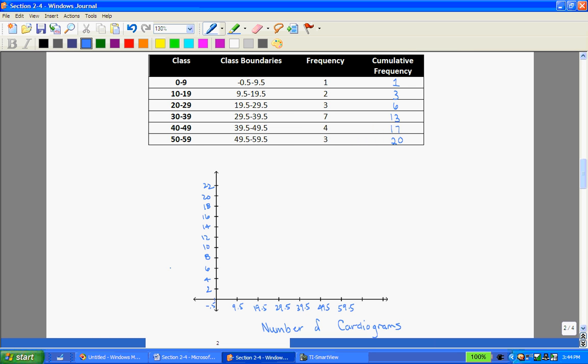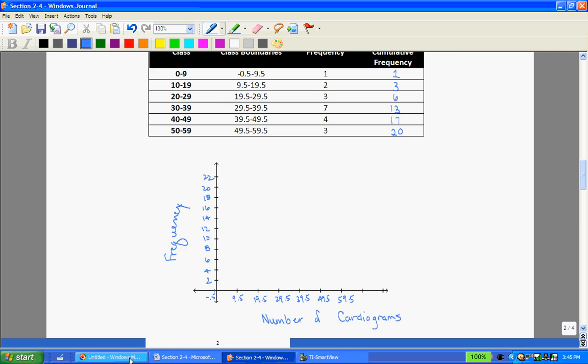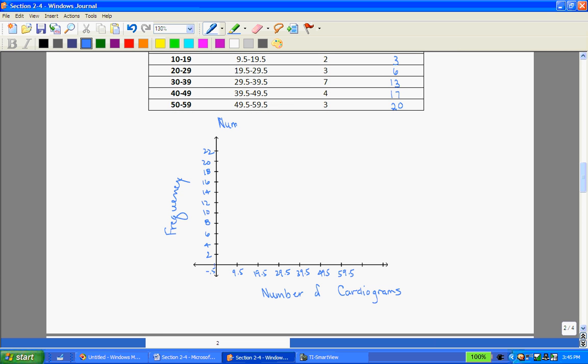And we'll label this frequency, and of course we want a title. Number of cardiograms each day for 20 days.